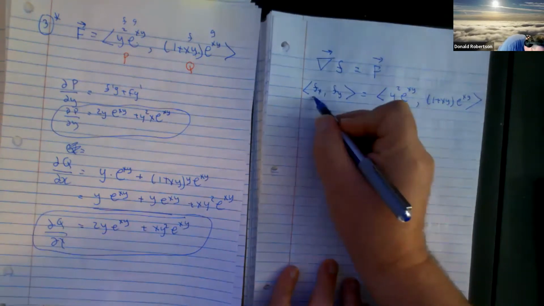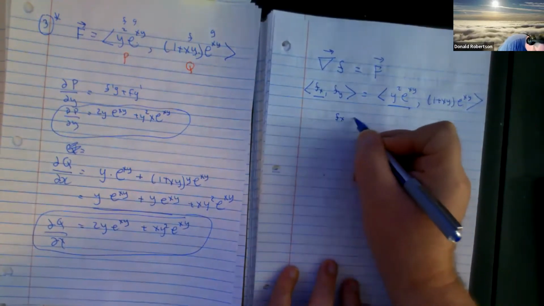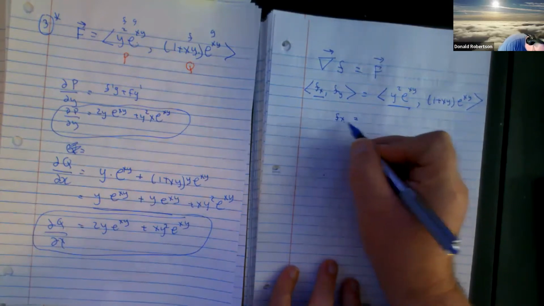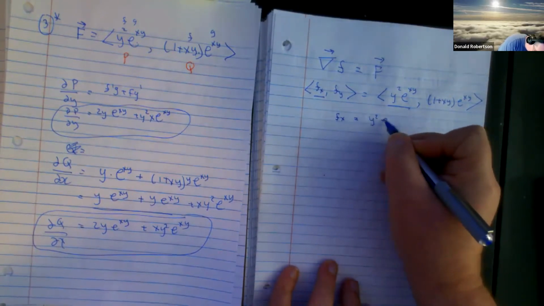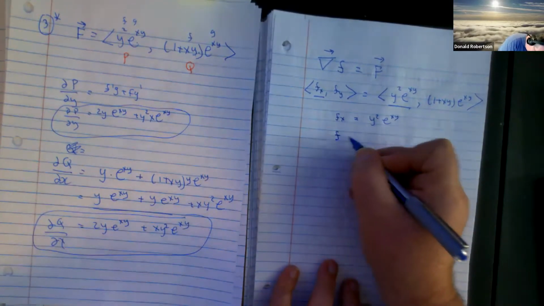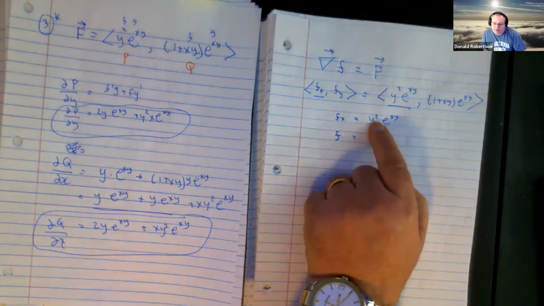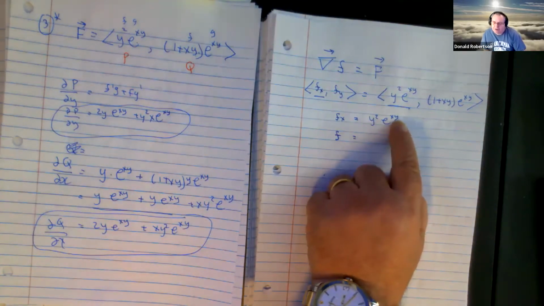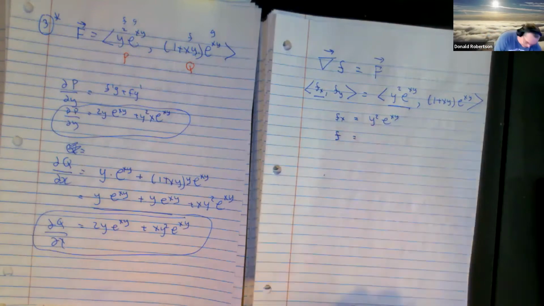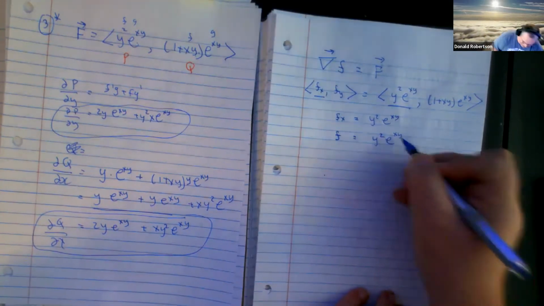Right, I'll match up those two. The partial derivative of f with respect to x is that. So if I integrate with respect to x, that guy's just a number, so is that guy. Now, if you integrate this guy, you will get y squared e to the xy.